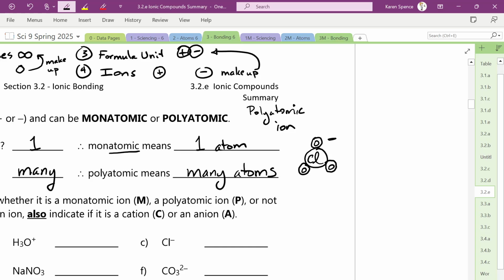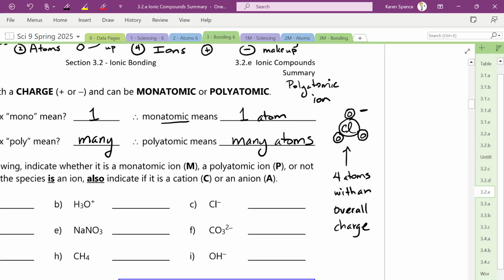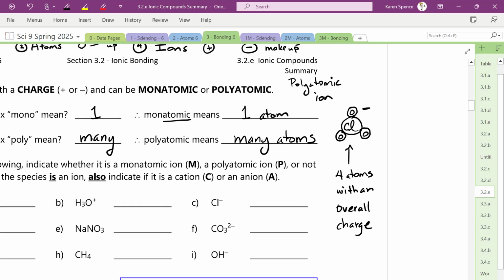That would be an example of a polyatomic ion. That one's made of 4 atoms with a charge. So it's kind of like a molecule with a charge, a polyatomic ion, kind of like a molecule with a charge.